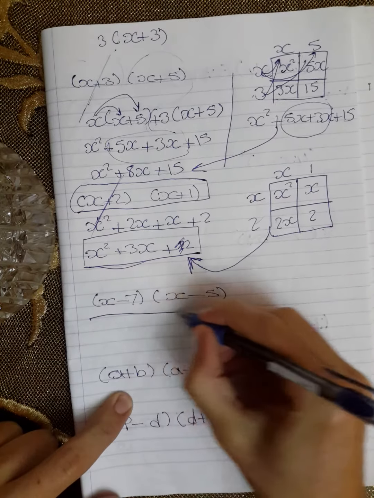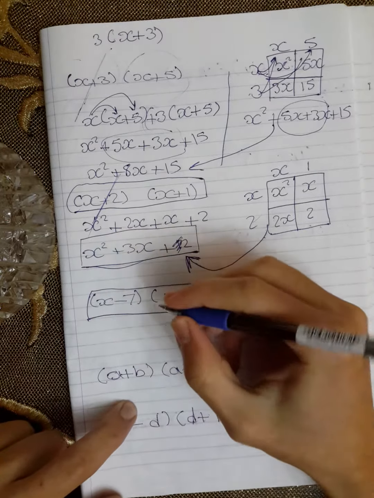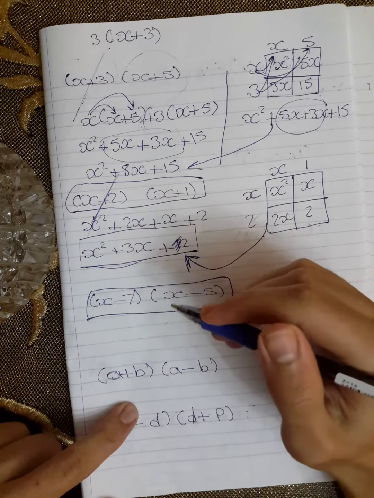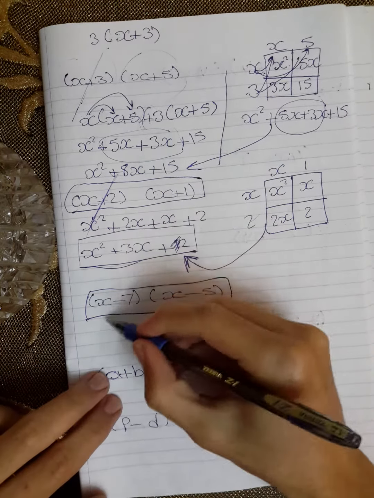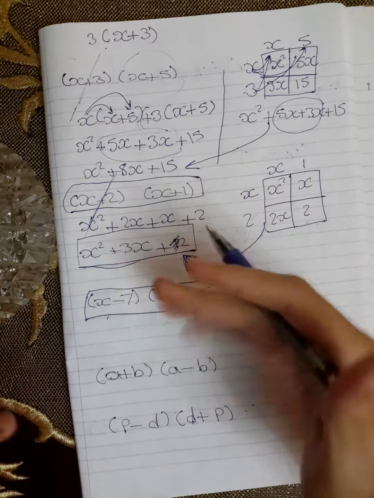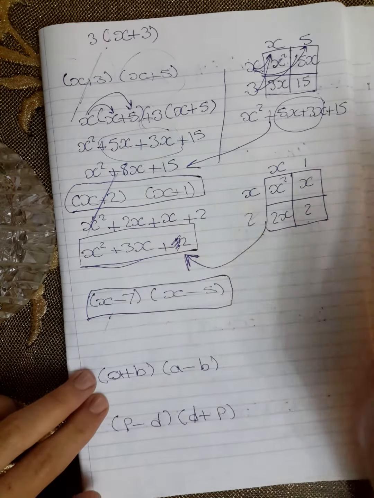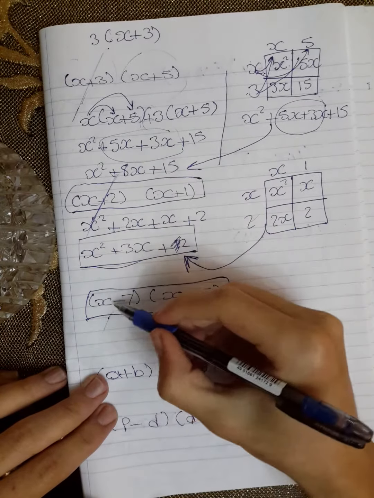Okay, another example, just to get this idea clearly. You have just two brackets multiplied, so we can now solve it by the breaking idea.